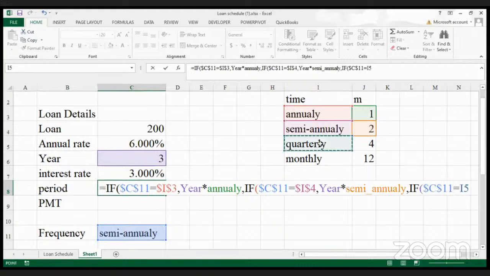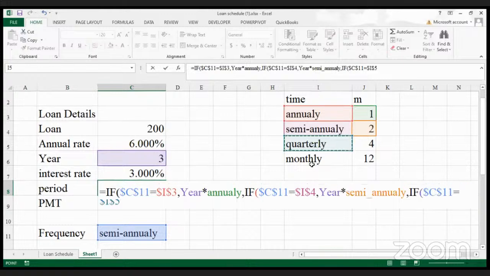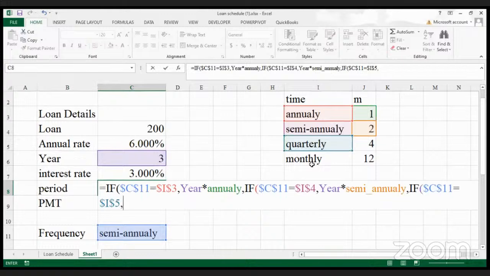frequency key is equal to this, the frequency section, F4, comma, then we'll take year, we multiply by this, comma.